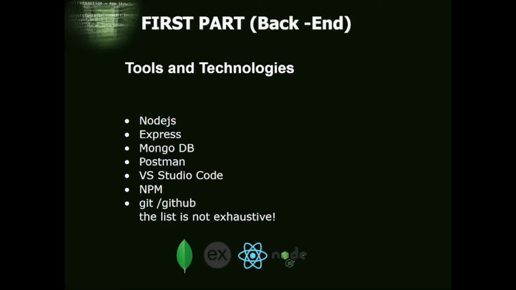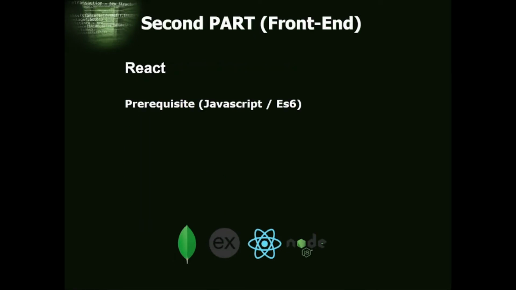Tools and technologies that we're gonna use. The list is not exhaustive, as you can see, and we will use Node.js, Express, MongoDB, POSTMAN, Visual Studio Code, NPM, Git, GitHub, okay? And in the second part, I've already told you for the view part in the MVC pattern, we'll use React.